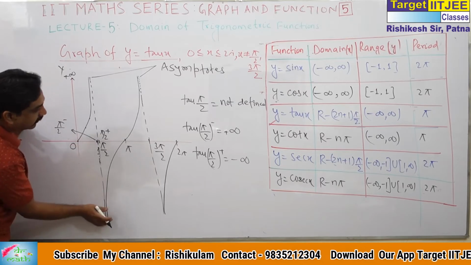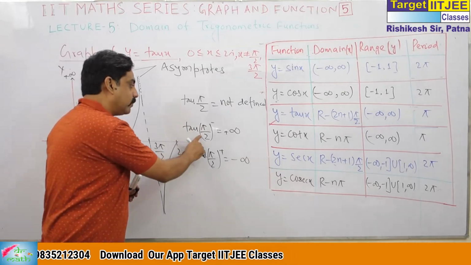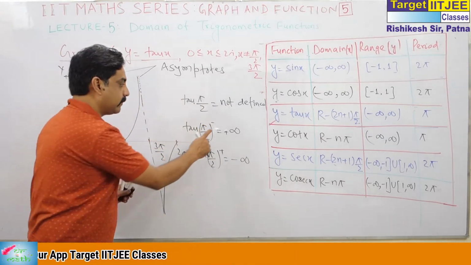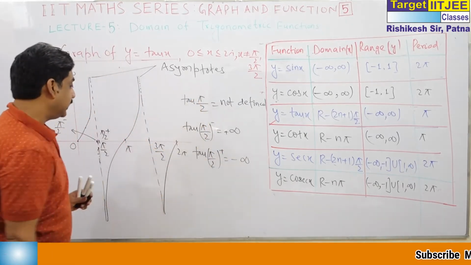Why plus infinity and why minus infinity? It depends upon the quadrant. Pi by 2 minus lies in the first quadrant, so it goes to plus infinity. Pi by 2 plus lies in the second quadrant, so it goes to minus infinity.